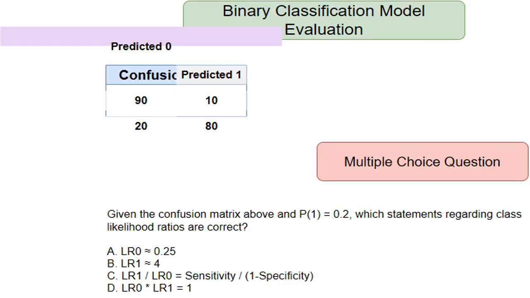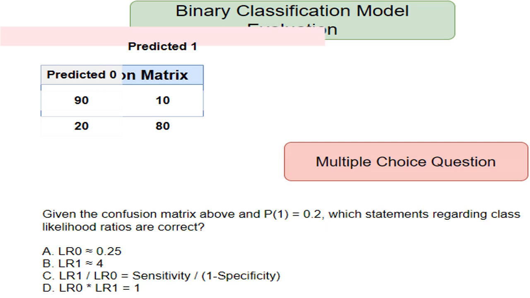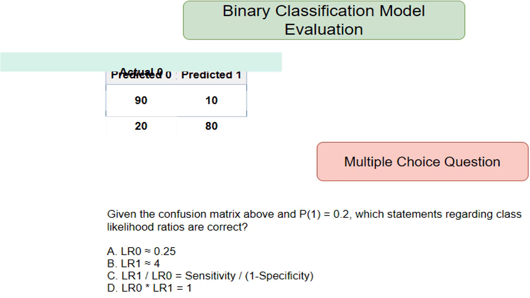This column shows the number of instances that the model predicted as belonging to class 0, the negative class. This column shows the number of instances that the model predicted as belonging to class 1, the positive class. This row shows the actual class 0 instances. This is the number of actual class 0 instances that the model correctly classified as class 0, true negatives.